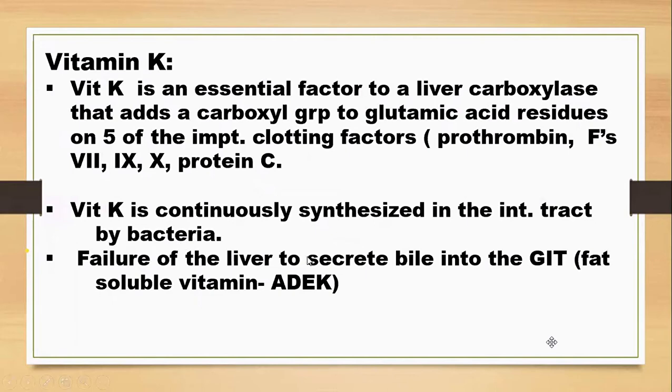So failure of the liver to secrete bile into the GIT will also impede the absorption of your fat-soluble vitamins: A, D, E, and K. So one of the fat-soluble vitamins is K.